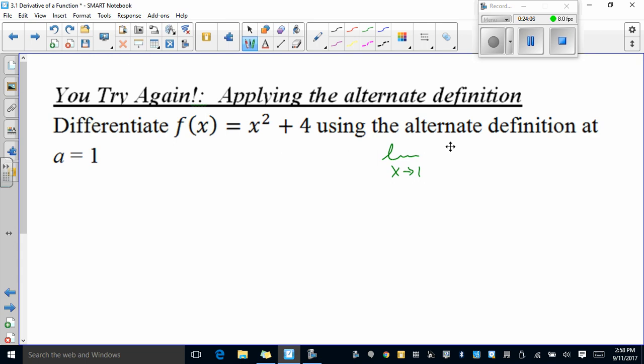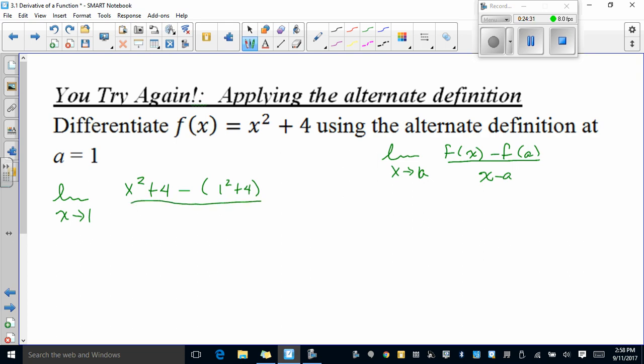So we have the limit as x approaches, sorry, that should really be a there, approaches 1 of x squared plus 4 minus 1 squared plus 4 over x minus 1. So we go through, limit as x approaches 1, clean this up, I have x squared plus 4 minus, and this is 1 plus 4, which gives me 5 over x minus 1.